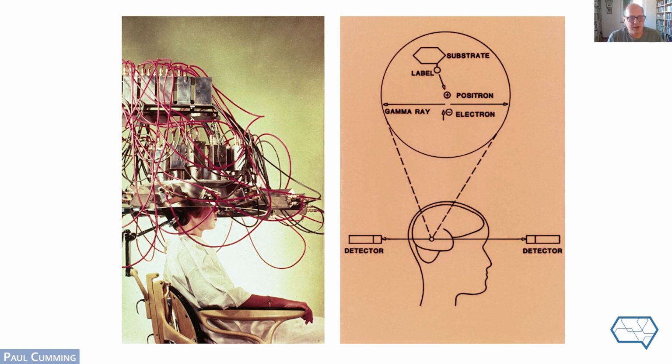Here we see, I'm not sure where this slide comes from, but it's one of the very first prototype PET scanners in the days when people wore them like a hat. And you can see that there are only about 10 detectors around the array, but the principle of detection of PET relies upon the simultaneous emission of the two gamma rays pretty much at 180 degrees from each other.